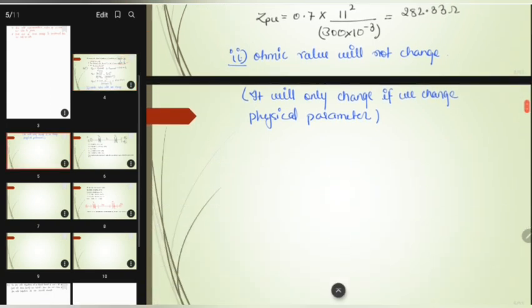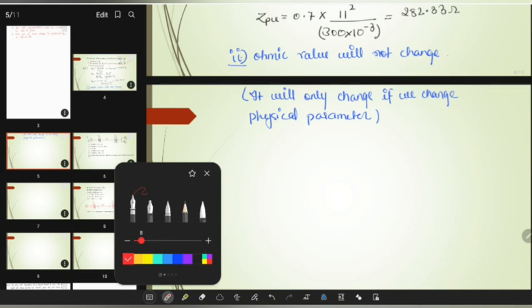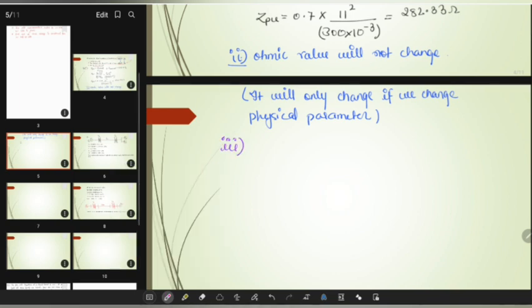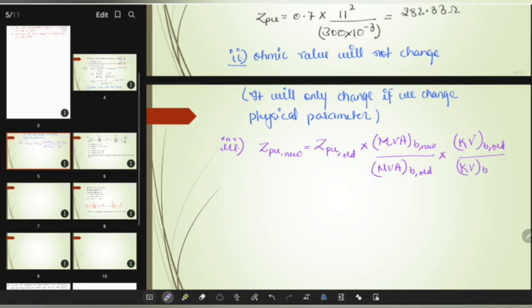So what is the formula for this? Z per unit new value will be equal to Z per unit old value into MVA base new value divided by MVA base old value into kV base old value divided by kV base new value, squared.